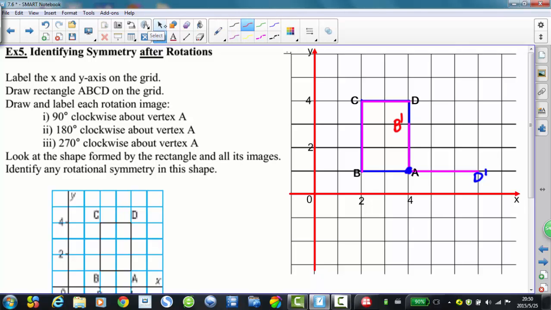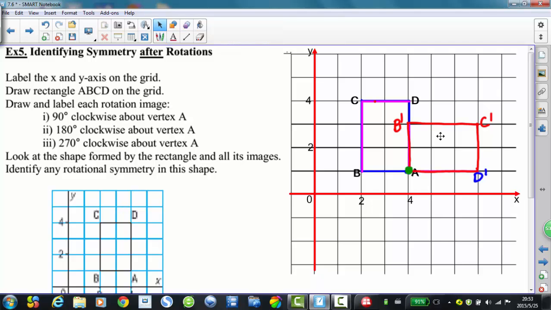So the other two sides, BC and CD, if I rotate these two line segments about this A, so one side will be here, which is C prime. The other side will be here. So I will have A, B prime, C prime, D prime. So this is the rotation image for 90 degrees clockwise about the vertex A.